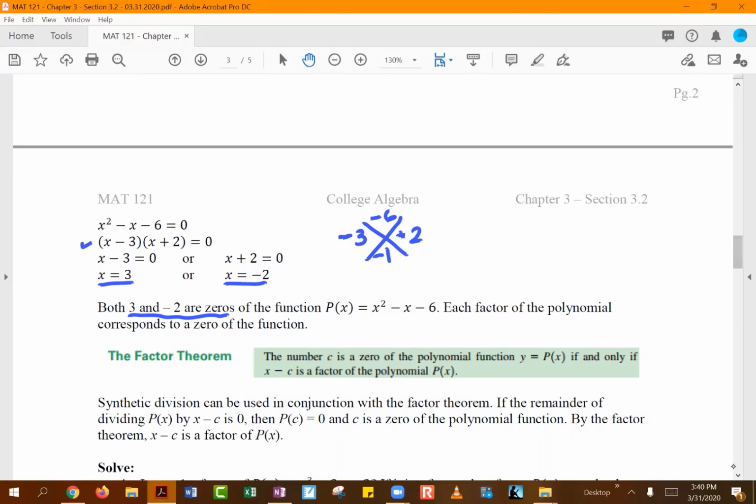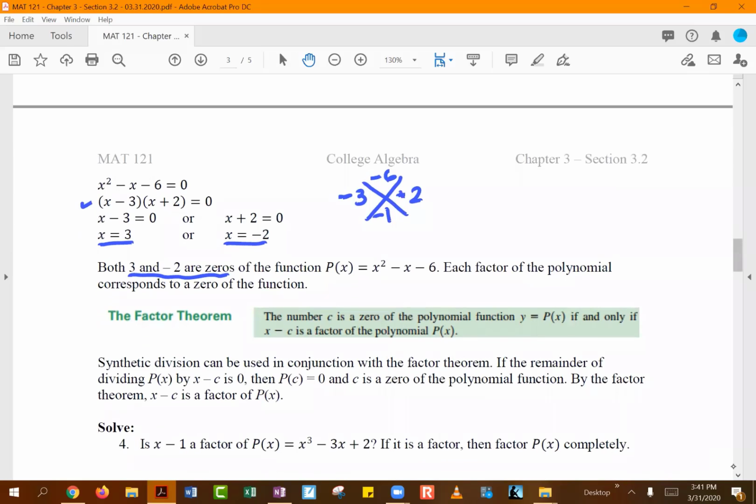And then they're telling us each factor of the polynomial has to correspond to a 0, which means from each factor, you should always get one of the zeros, or basically x-intercepts, of your polynomial function.